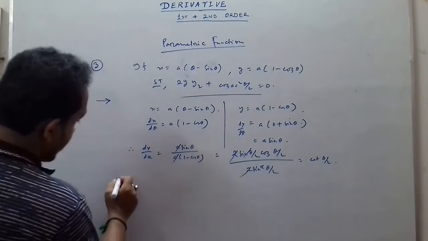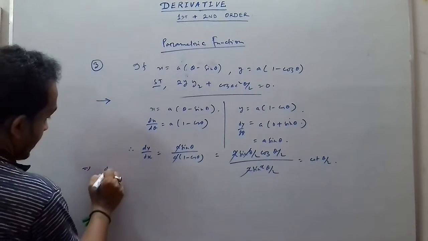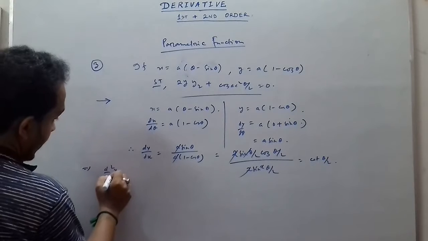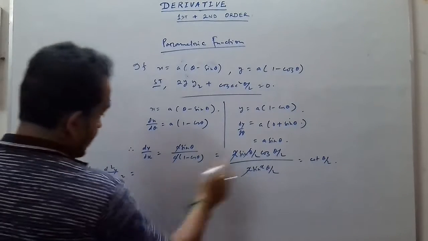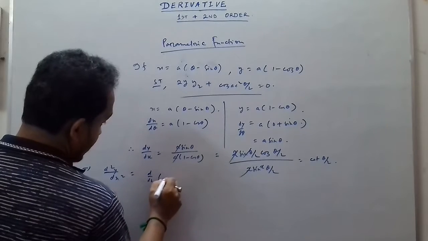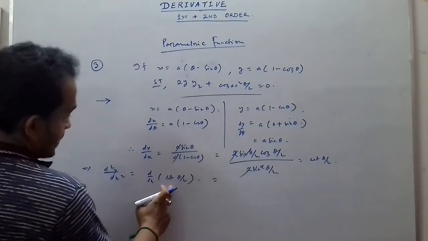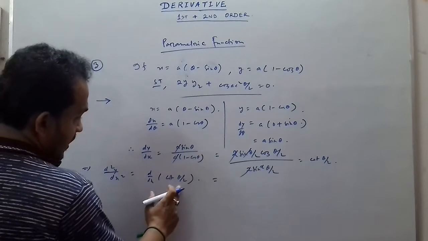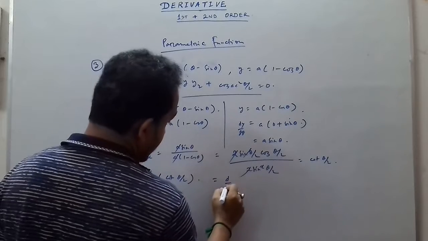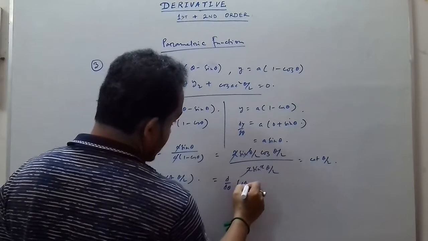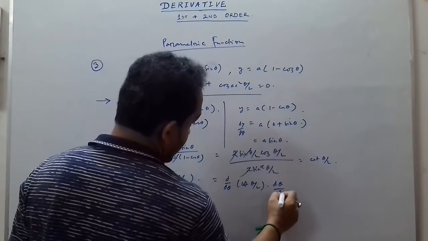Now differentiating with respect to x again, we get d2y dx2 on the left, and on the right side d dx of cot theta by 2. Since cot theta by 2 is a function of theta, we differentiate this with respect to theta, that is d d theta of cot theta by 2 into d theta by dx.